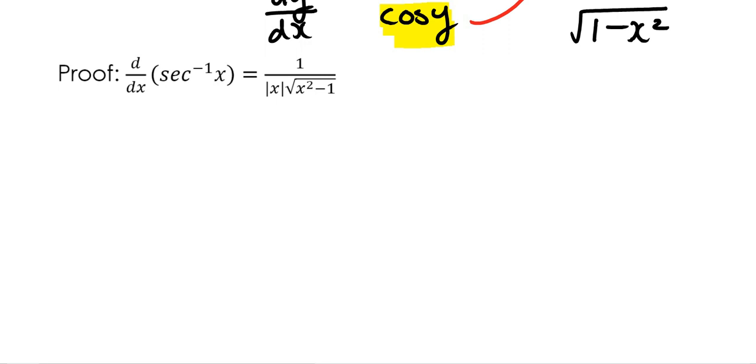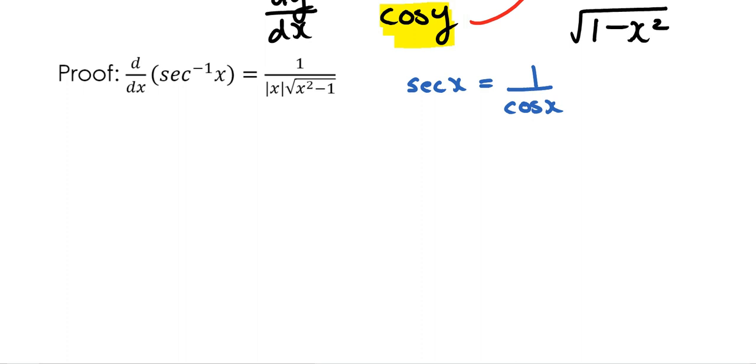Before I start this proof, for those students who didn't take the Pre-Calc 12 class, secant x is actually equivalent to 1 over cos x. So that is a trig identity. Secant x is defined as the reciprocal of cos x.